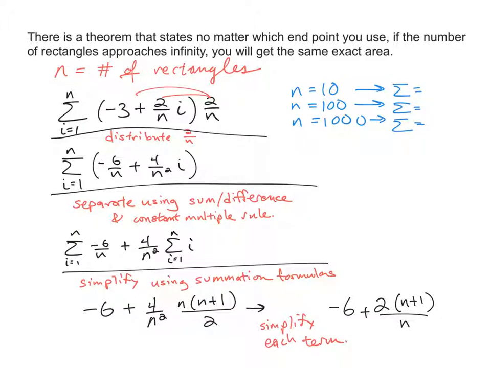Going through this entire process, we get a final expression of -6 plus 2 times n plus 1 over n. And it turns out that when you substitute n equals 10 in for n in this expression, you will get -4.9.